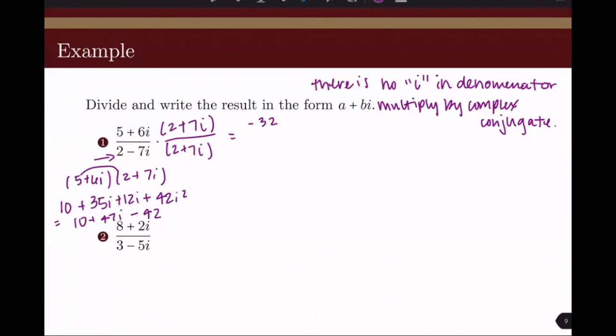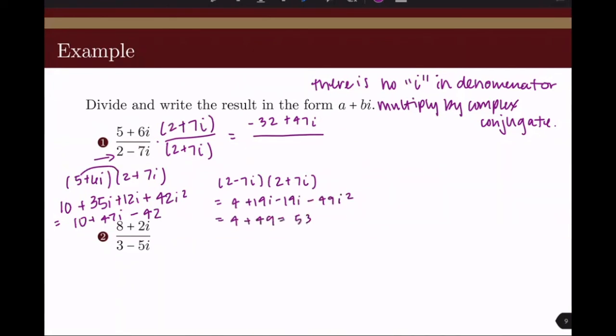So I'll have negative 32 plus 47i divided by, now I need to multiply out the denominator. So I get 53 for the denominator. Now to finish this off, I'll have negative 32 over 53 plus 47i over 53. And I have no more i's in the denominator, which was what we wanted.